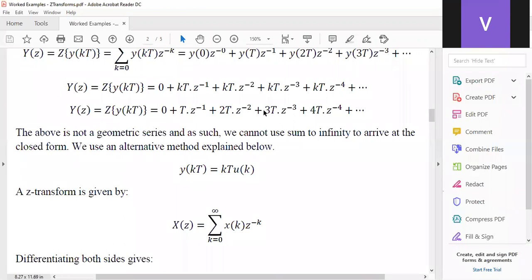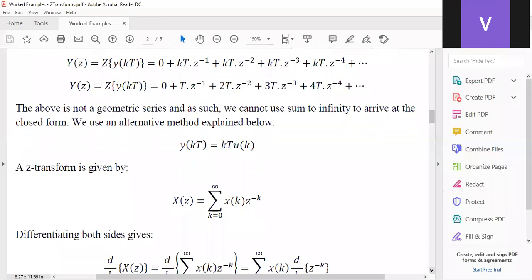You're not going to get 3tz minus 3. So this is not a geometric series at all, because it doesn't have a fixed common ratio. So you cannot use the formula we used in the previous example to get the Z transform.